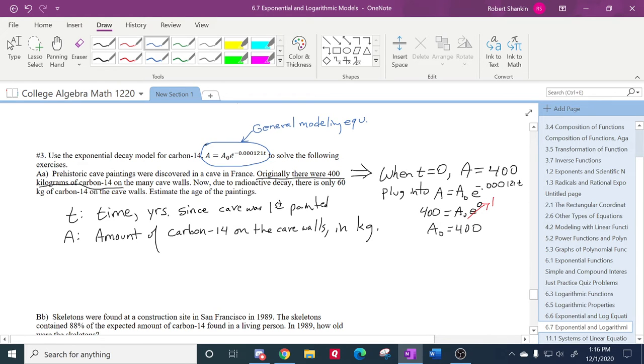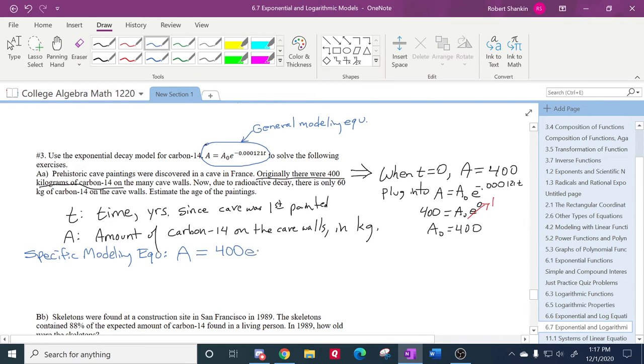We go from the general modeling equation to the specific modeling equation when we just figure out what the constants are in this. The specific modeling equation is you leave the variables as variables. A and t stay A and t, but we replace the A0 with its known value now.